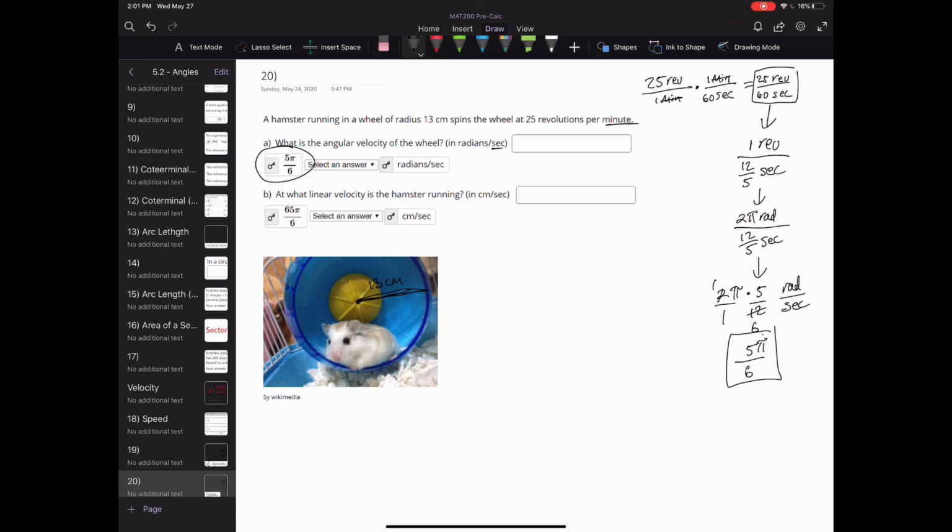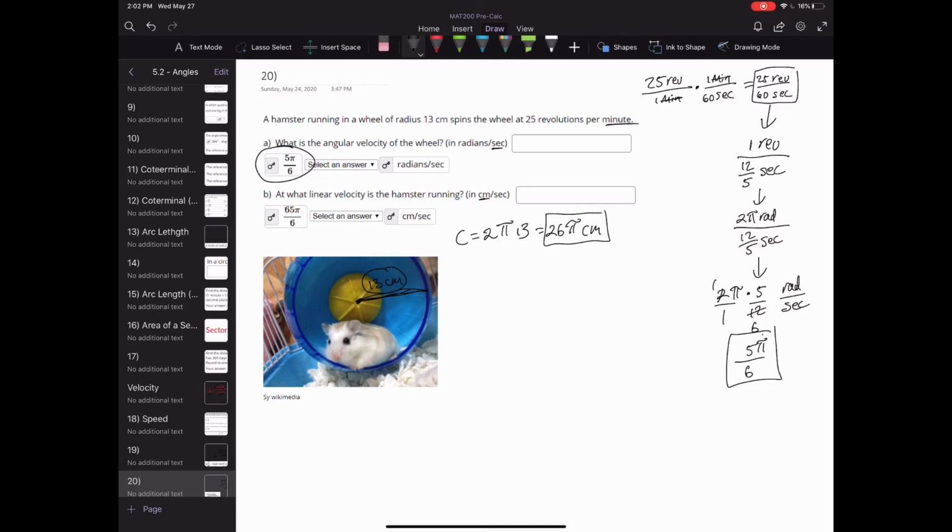At what linear velocity? So we want to take that and convert it to linear velocity now as the hamster running in centimeters per second. Okay, so we know that the radius is 13, so the distance around that entire circle is the circumference, which is 2 pi r, 2 pi 13 in this case. So that's 26 pi centimeters. That's the distance around the circle.